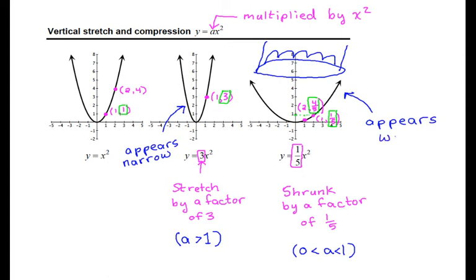So it's a little bit odd that a stretch, which you think of something growing, actually makes it appear more narrow, and a shrink, where you think of something getting smaller, is where it appears wider. But think of it as all being in the vertical, in the up and down direction, that the stretching or shrinking occurs.